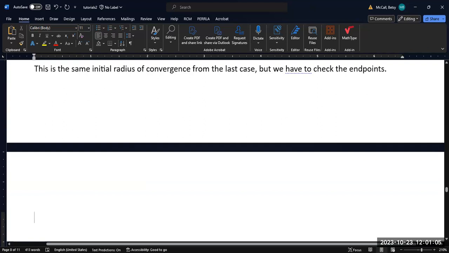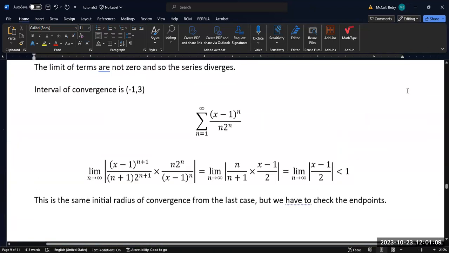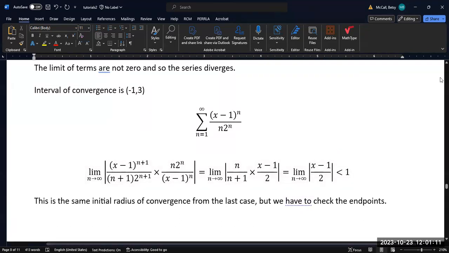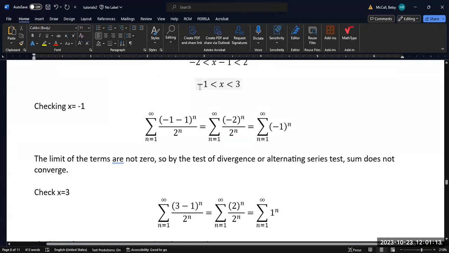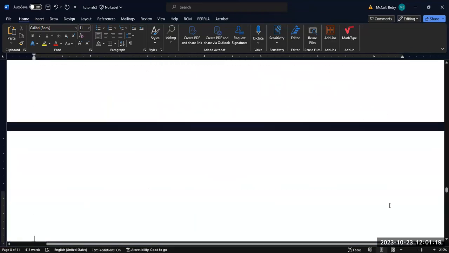So let's look at those endpoints. We got that our interval of convergence was -1 to 3. So now let's check x equals -1.